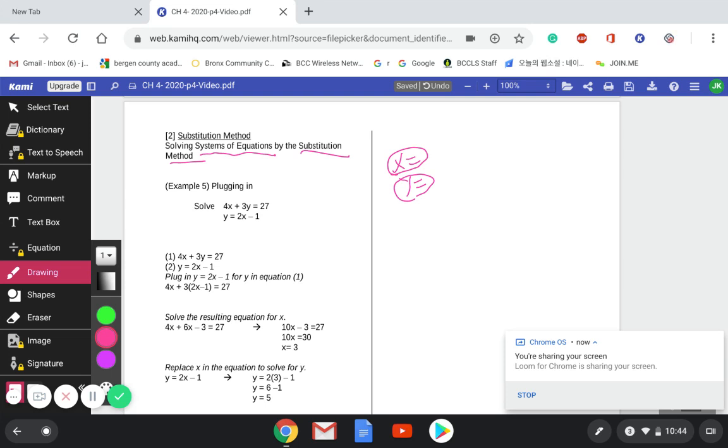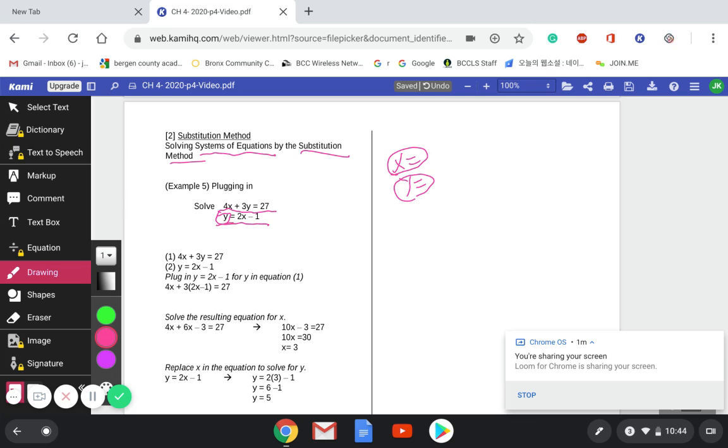Now, if you have a system of equations and you want to solve these two equations with two variables, as you see, one of the equations has y equals something.